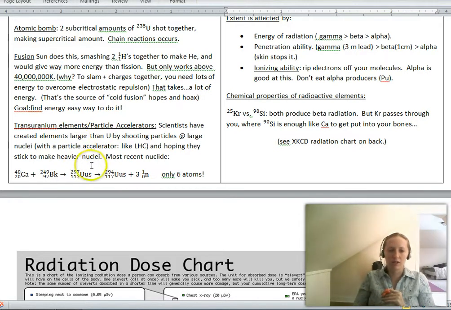So the most recent nuclide that was made in a particle accelerator was ununseptium, made by smashing together calcium and berkelium, and they made 6 entire atoms of ununseptium, which then rapidly decayed to ununseptium 294 instead of ununseptium 297. And that's something that they've been doing since the 60s, shooting particles together and making new elements.